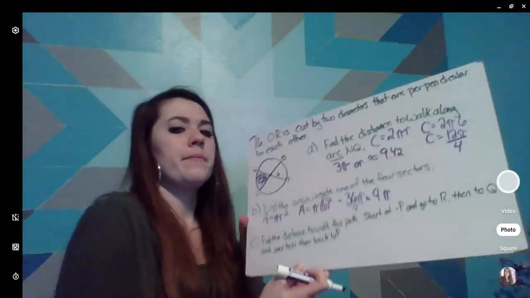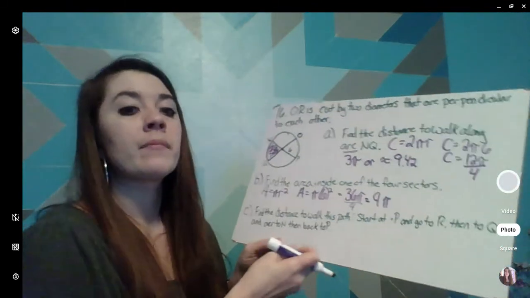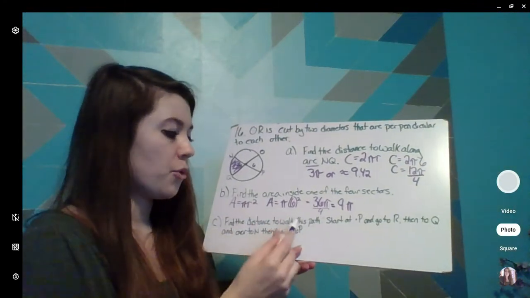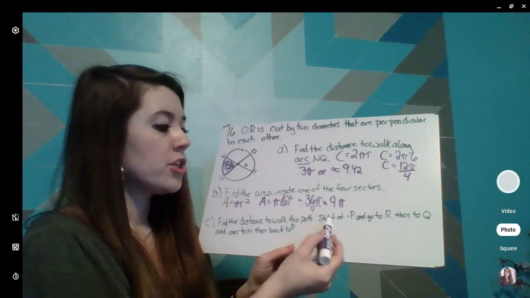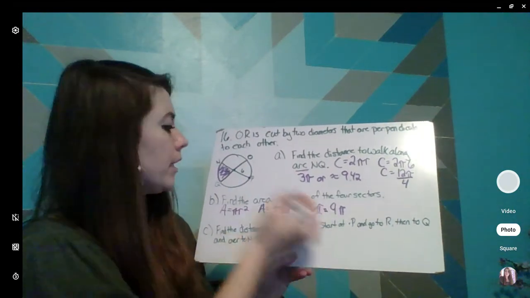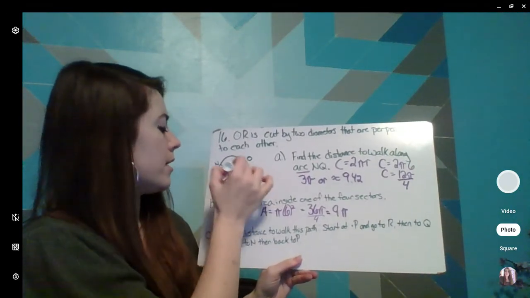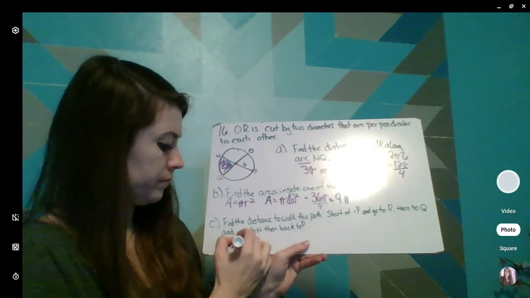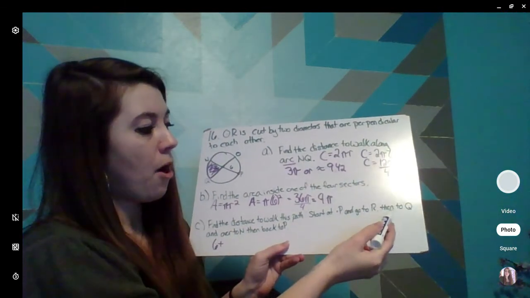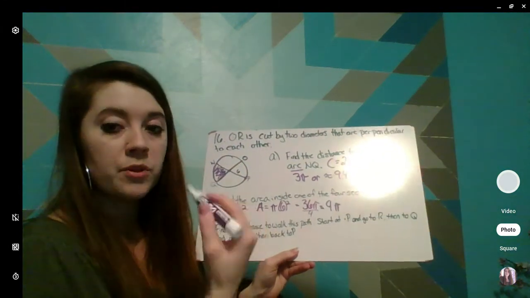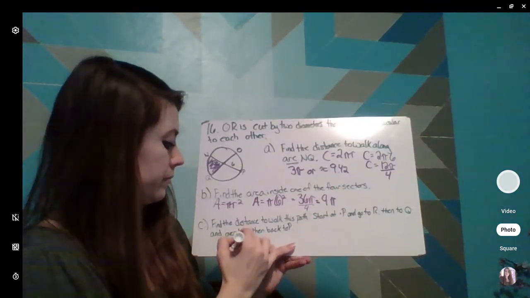All right, now this last question we have to really think on. So we want to find the distance to walk this certain path. We're going to start at P, so we're starting right here, and we're going to go to R. R is our center. So we've got 6 so far. And then from R, we're going to go to Q. So another radius, which means another 6.